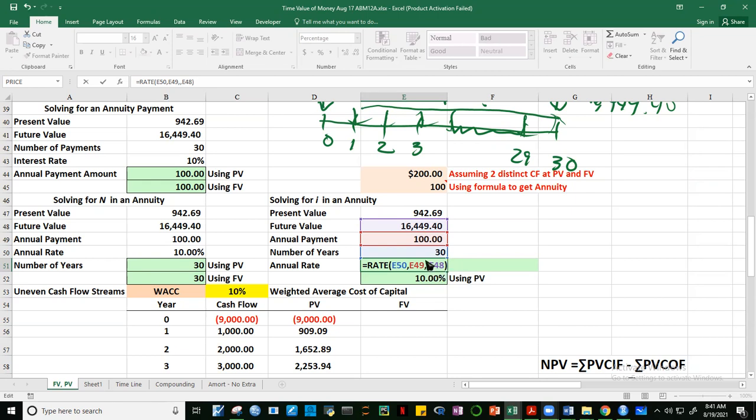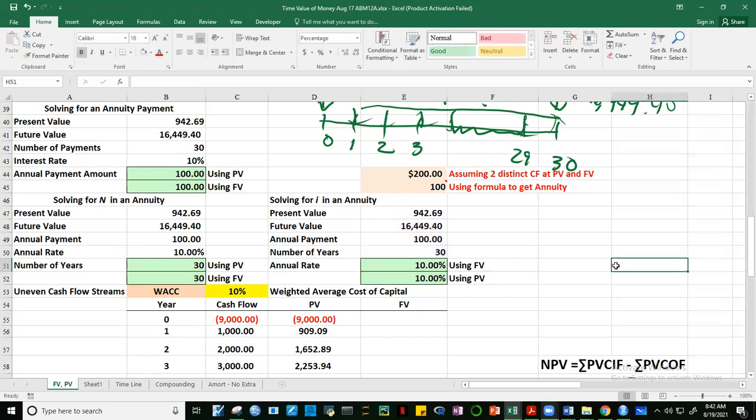Here we're saying, magkano ba yung rate kung makakatanggap ako ng 100 for the next 30 years, tapos makakatanggap pa rin ako ng 16,449 after 30 years? Okay, walang ganun transaction. Either negative tong PMT, then may positive future cash flow tayo, or positive tong PMT, tapos negative yung future value. Either or, guys, you get the same answer. Control Enter, rate at 10%.